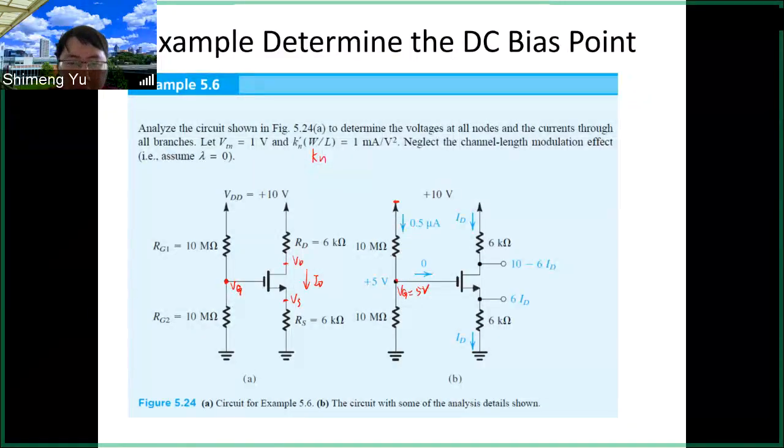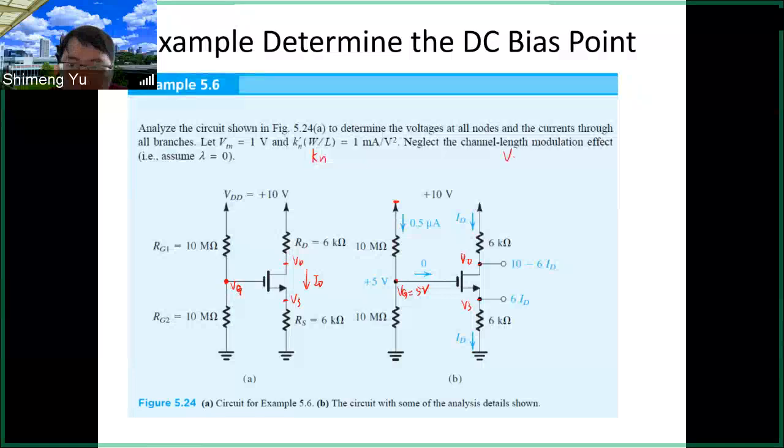This is easy. What is difficult here is the transistor's branch. The gate voltage of 5 volts is known, but you don't know Vs, and you don't know Vd. So you don't know whether the transistor's operation region is triode or saturation. Why?